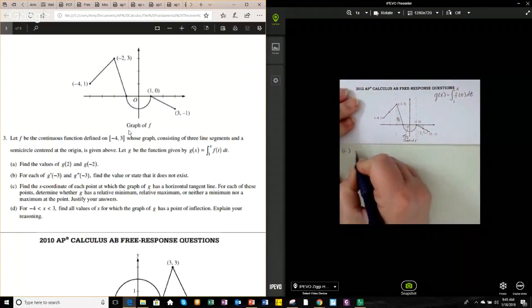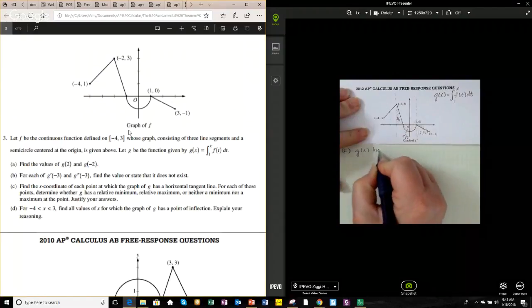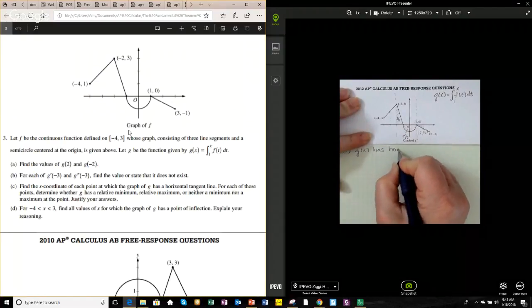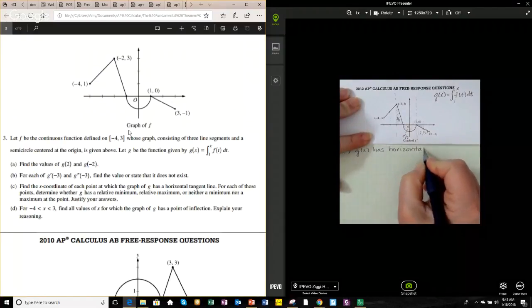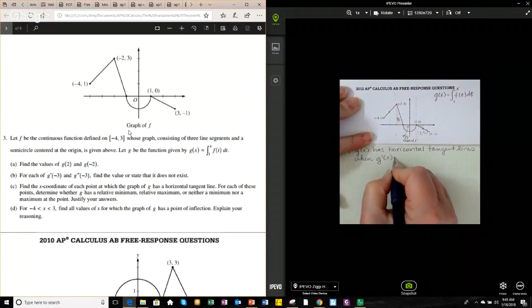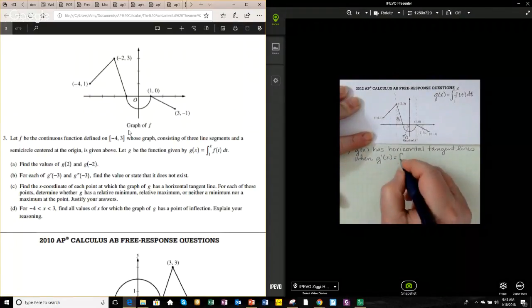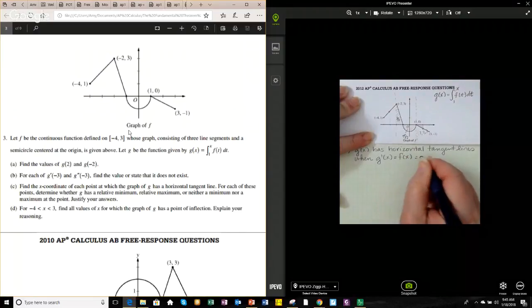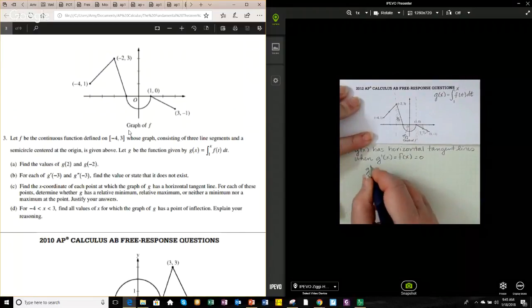C, g of x has horizontal tangent lines when g prime of x, which we figured out earlier was equal to f of x, is equal to 0. So let's do a g prime equals f sign chart.